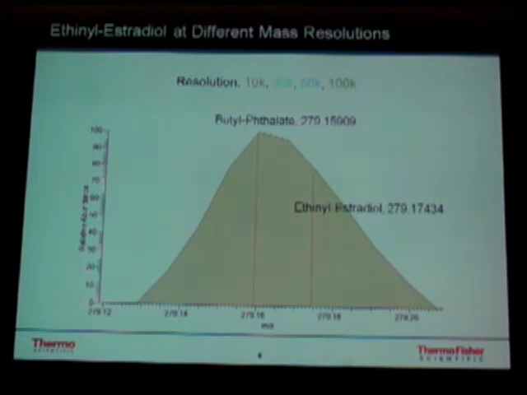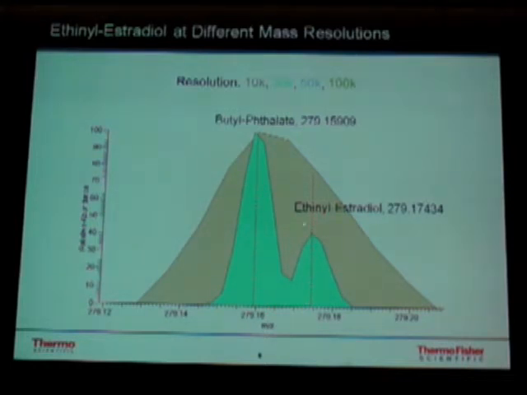What does 100,000 resolution really mean? We saw the results, but in terms of peak widths, what does it mean? This is the peak width at 10,000 resolution. Butyl phthalate has a mass of 279.15909 and ethynyl estradiol 279.17434. It's just one white peak, you cannot tell anything. If you run it at 30,000, this greenish peak, now you have resolved these two.